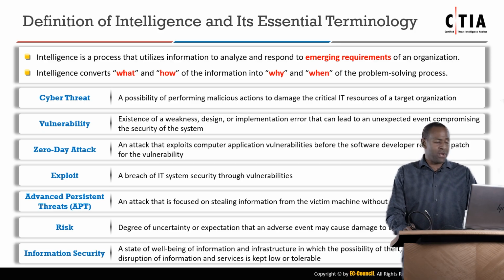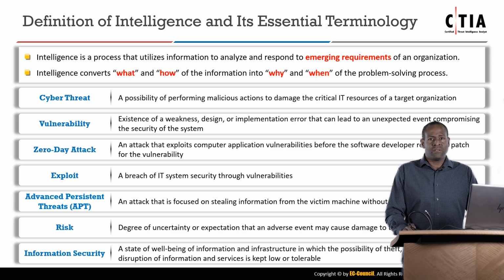Let's look at some terminology here. Cyber threat, it's a possibility of performing malicious actions to damage critical IT resources of the target organization. And really, it is a conglomeration of two words, right? Cyber, meaning information technology, and threat, which we're going to define in more terse terms, but it's a possibility that something bad will happen.